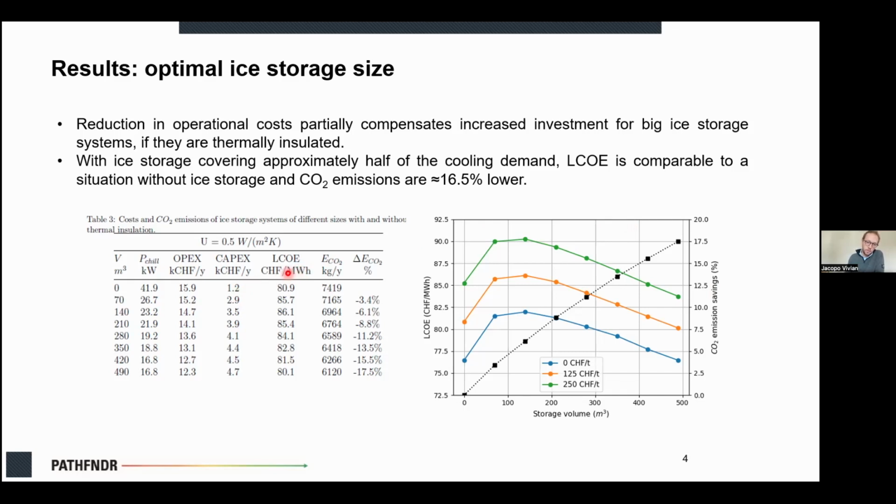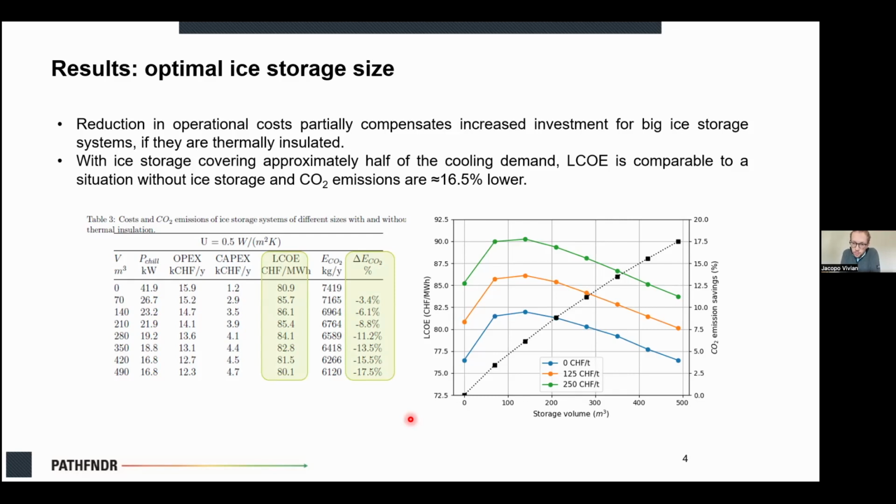So you should compare the column of the LCOE, and if you look at the results with the seasonal storage, the only result which is similar in terms of LCOE to the situation without ice storage is the one with the highest volume due to the economies of scale. But this is very dependent on the cost correlation that we use for the ice storage.